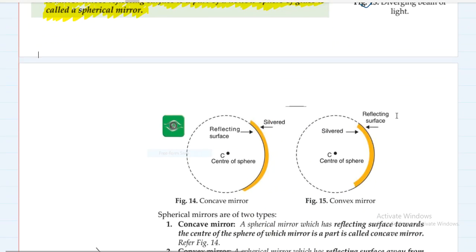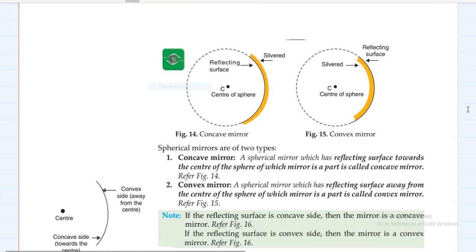The diagram for a spherical mirror is shown over here. This dotted line you see is a hollow sphere, and part of this hollow sphere is this part which you see over here. I'll just show you with a highlight. Yes, this part is the spherical mirror.